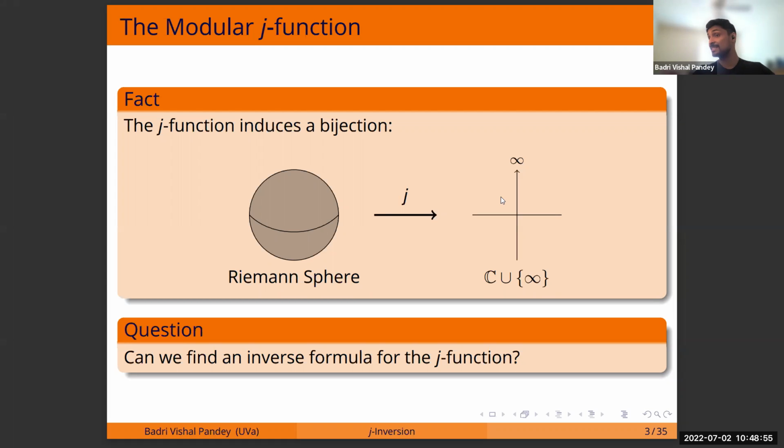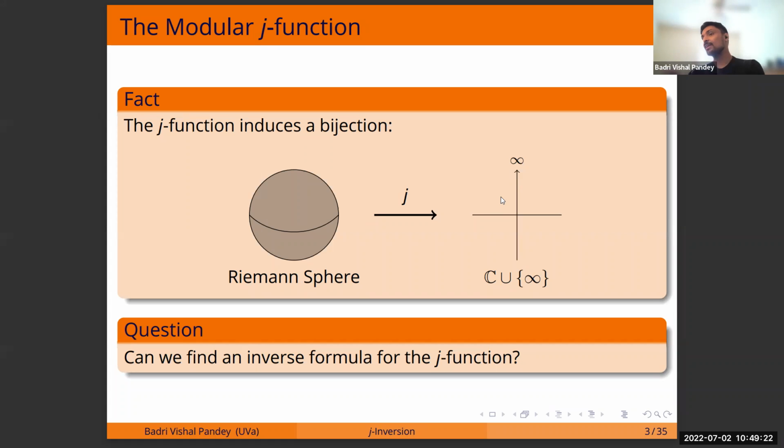We don't have an exact closed formula for the inverse of the J function. We have a Fourier expansion for J, but for the inverse, we don't know anything. This is essentially the same question as that we don't have any closed formula for elliptic integrals. So it's along similar lines.